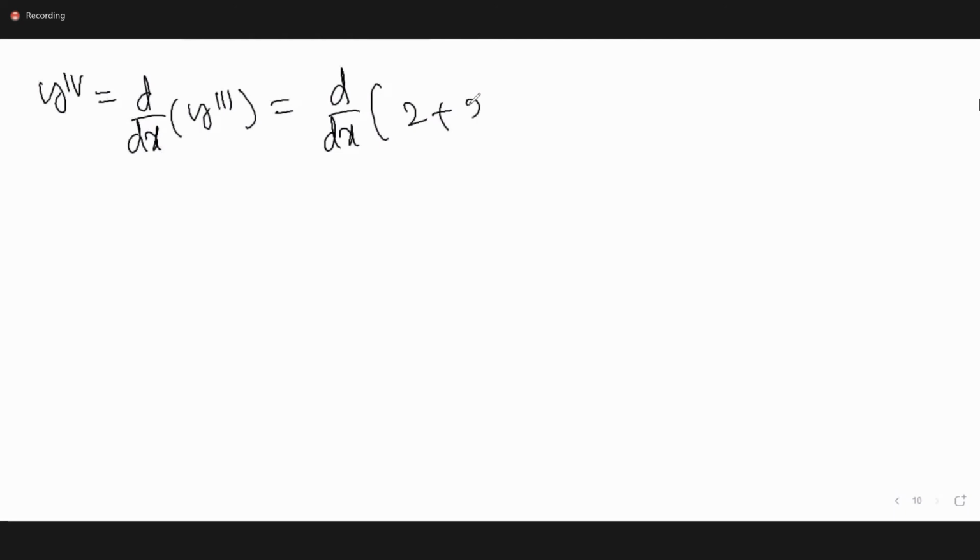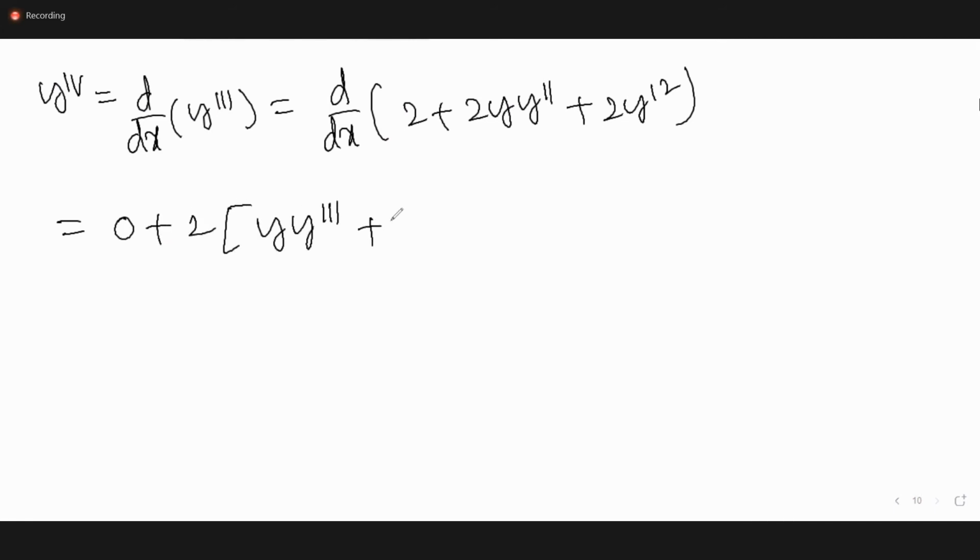So d by dx of constant is 0 plus 2 into y into y triple dash plus y dash into y double dash plus 2 into y dash into y double dash.